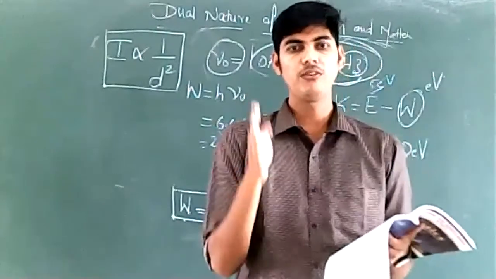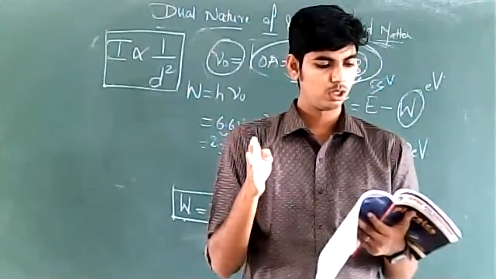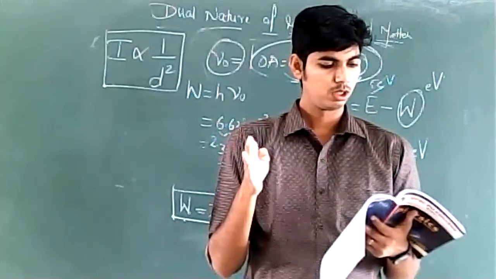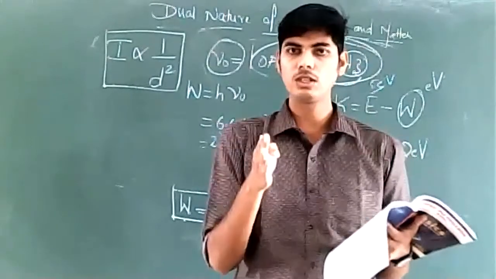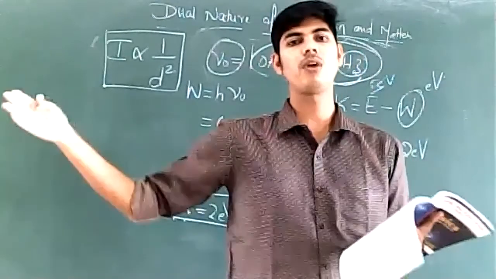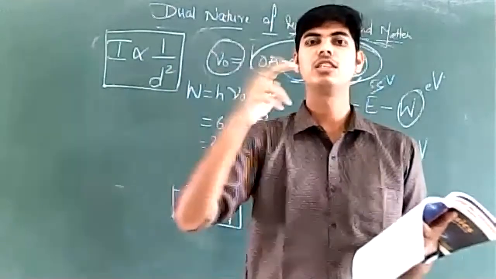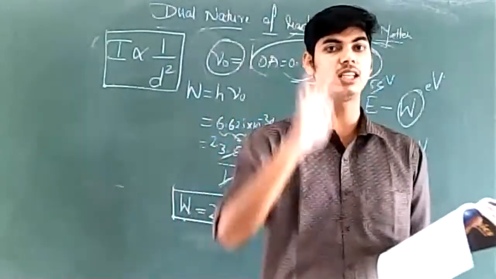So if you have increased the distance to double, the intensity must have decreased by 4 times.